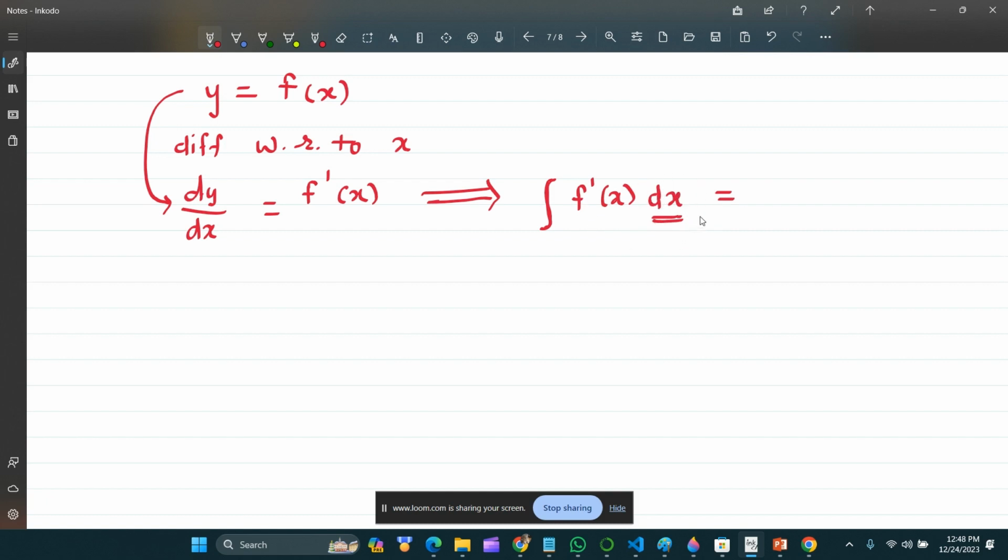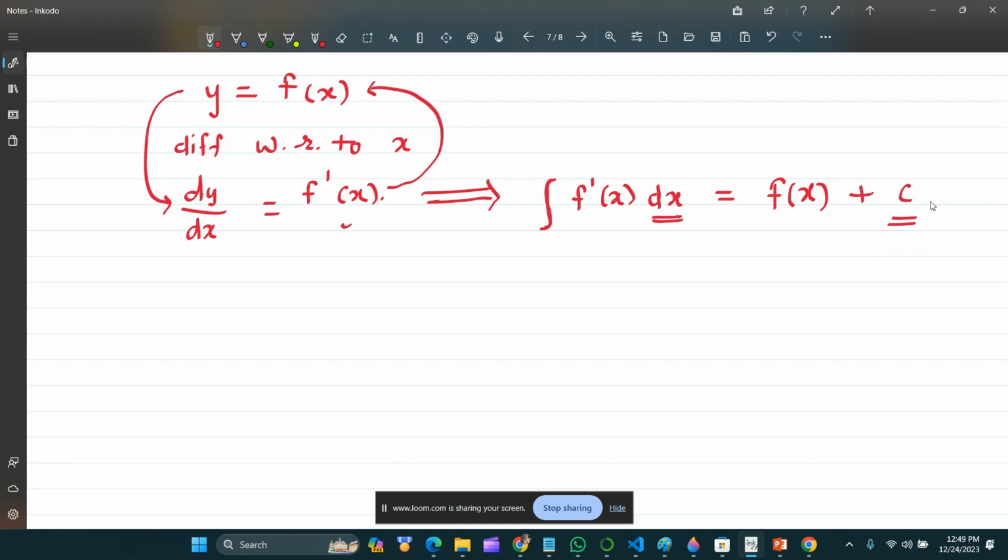Integration of f dash x dx: as the derivative of y is dy by dx, and the derivative of f of x is f dash x, the integration of f dash x is f of x. This is the reverse process. Therefore the answer is f of x plus c, where c means constant. In the next slide we'll see the importance of this constant.